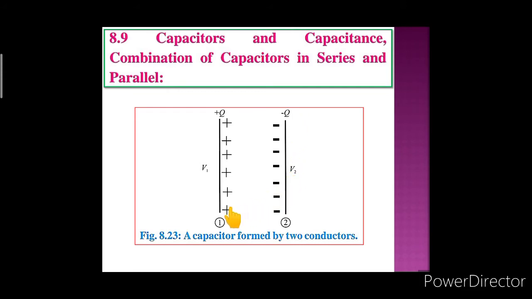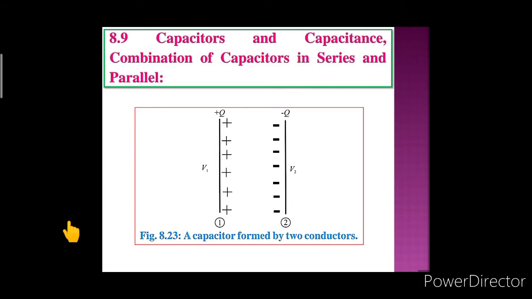Hence the potential difference between these two plates is V, which is equal to V1 minus V2. The electric field in the region between them is proportional to Q. The potential difference V is the work done to carry a unit positive test charge from conductor 2 to conductor 1 against the field.